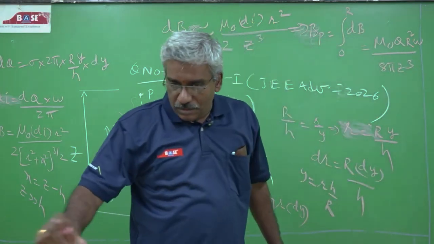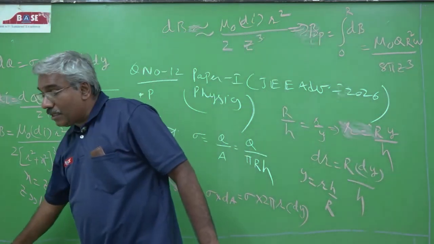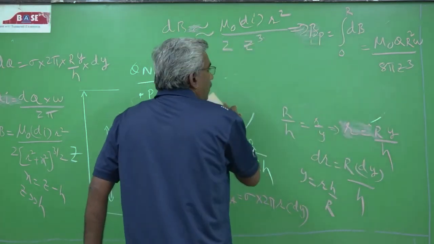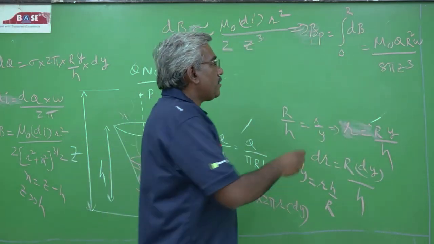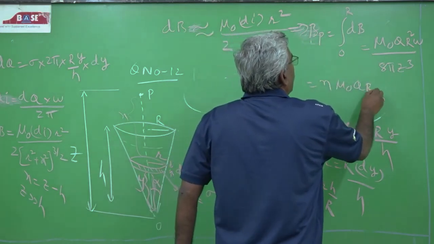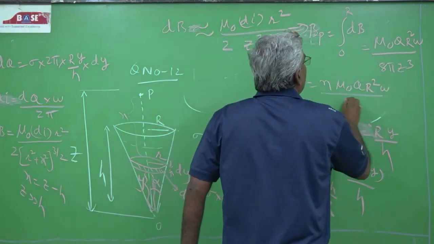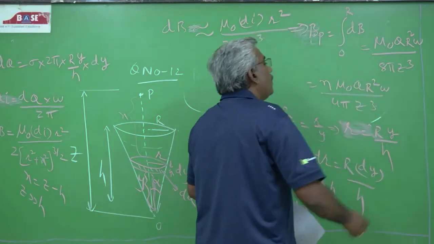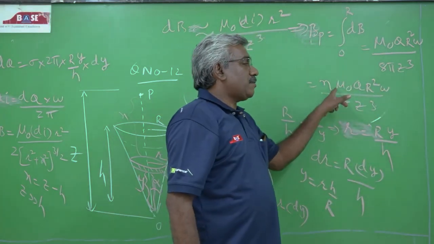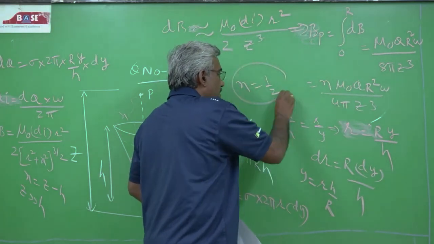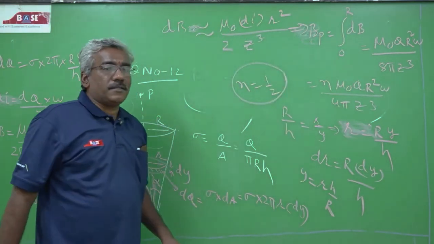But in the given option, what they have said is N mu naught q r square omega by 4 pi multiplied by z cube. So obviously, comparing this, N will be equal to 1 by 2. Yes, that is your answer.